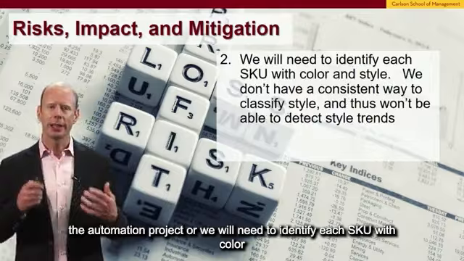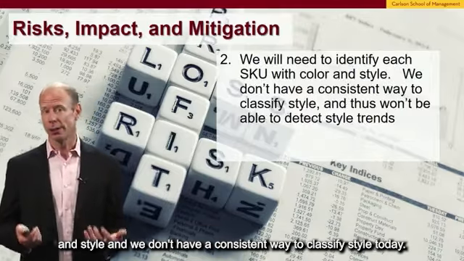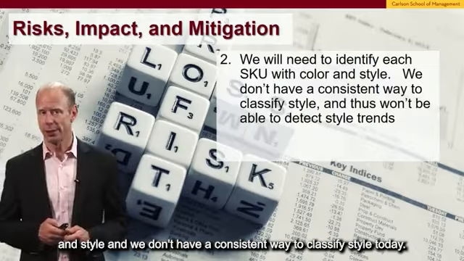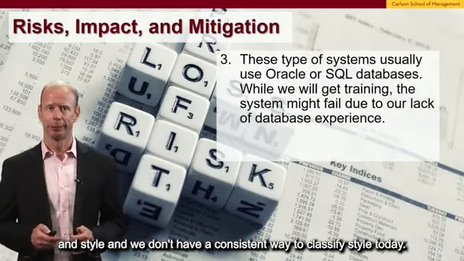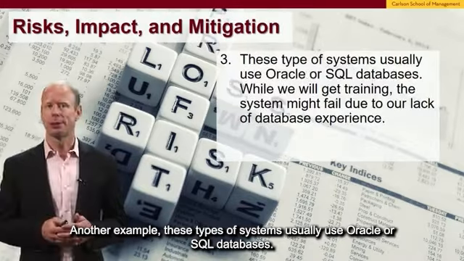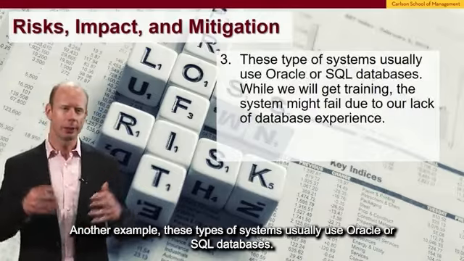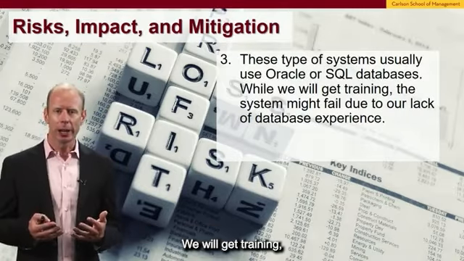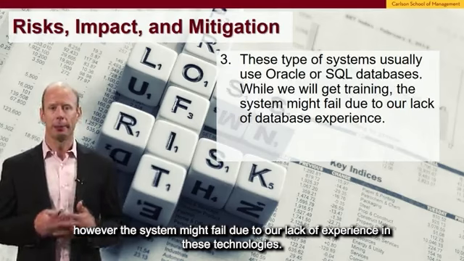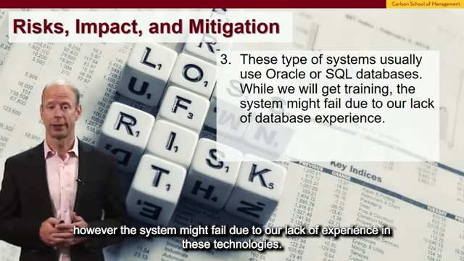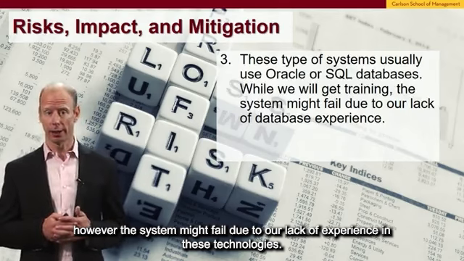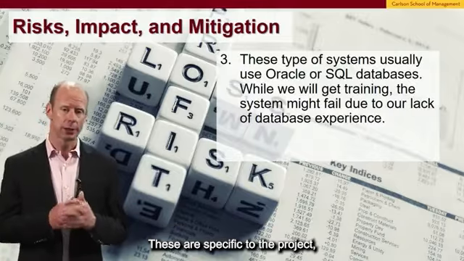Or we will need to identify each SKU with color and style, and we don't have a consistent way to classify style today. Another example, these types of systems usually use Oracle or SQL databases. We will get training. However, the system might fail due to our lack of experience in these technologies. These are specific to the project.